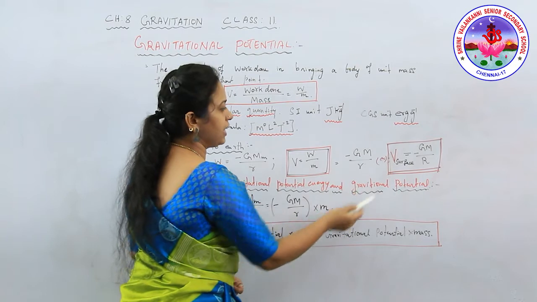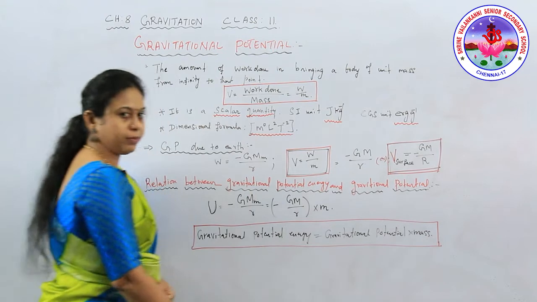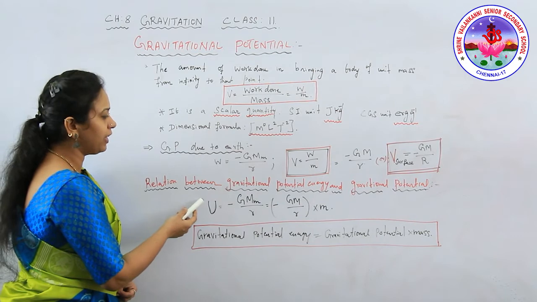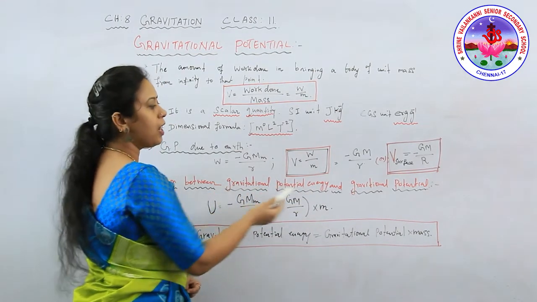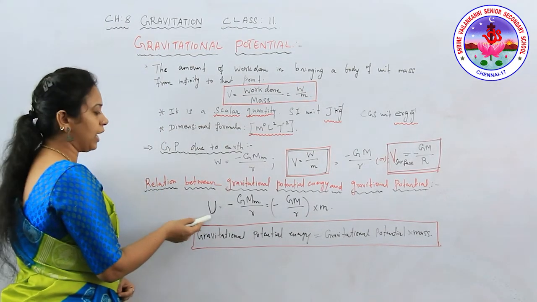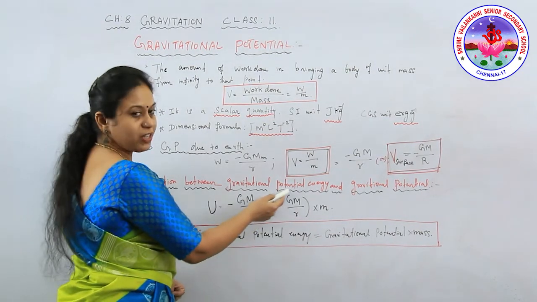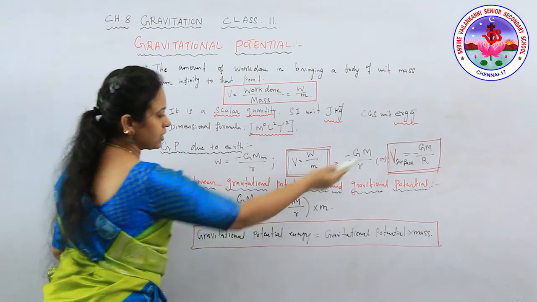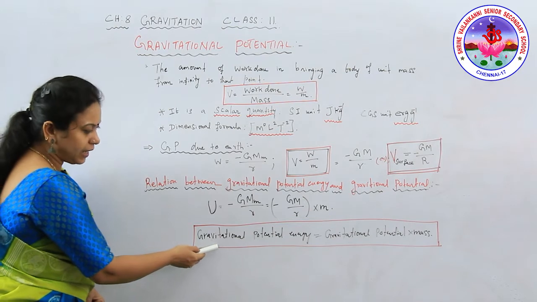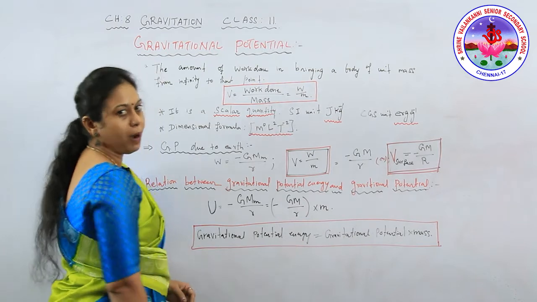Or else we can write V at the surface equal to minus GM by capital R for the Earth. Now we are going to know the relation between gravitational potential energy and gravitational potential. U is equal to minus GM by r into mass. So we can say gravitational potential energy is equal to gravitational potential into mass.